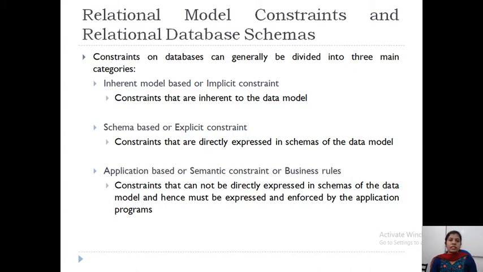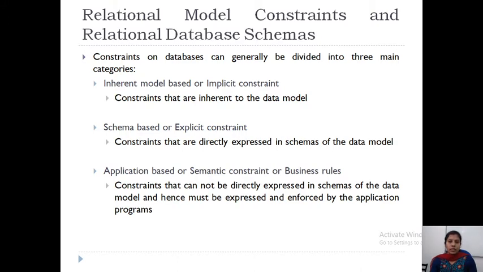So in that case, how are you going to put this constraint in the database? That will be done using some user defined rules, or you have to specify it in the application program itself. You can use triggers or assertions. Using those you express the conditions on the valid data.